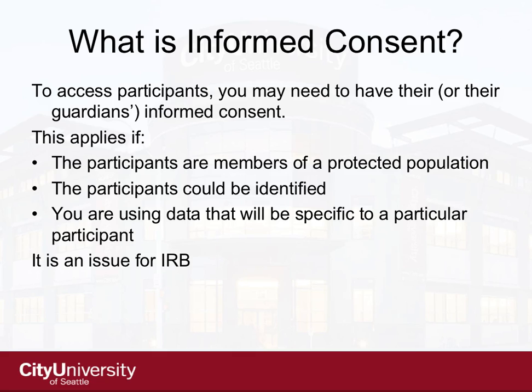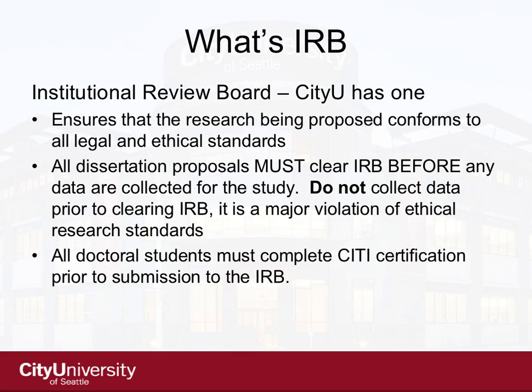So know that as you work with your chair, think about confidentiality, and if you're using data from protected populations, for example, children, folks with criminal records, just know that there are things you have to think about with the population, and the IRB, the Institutional Review Board here at CityU, will mention that.